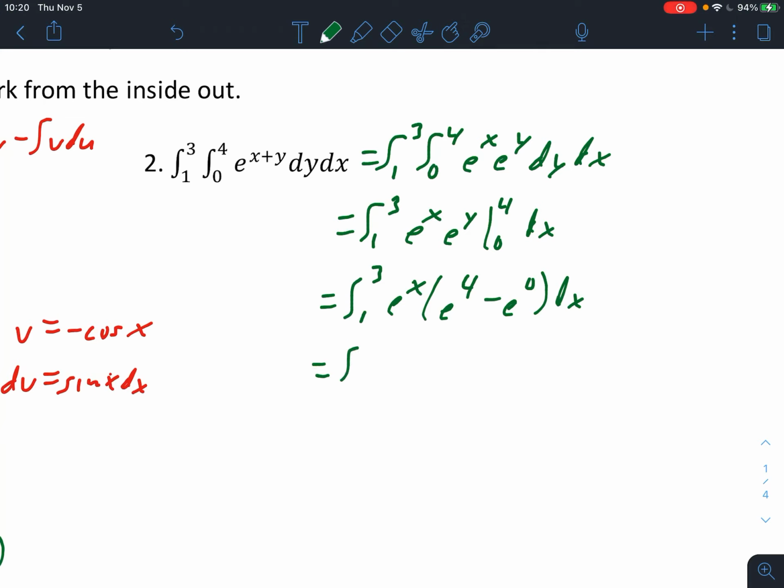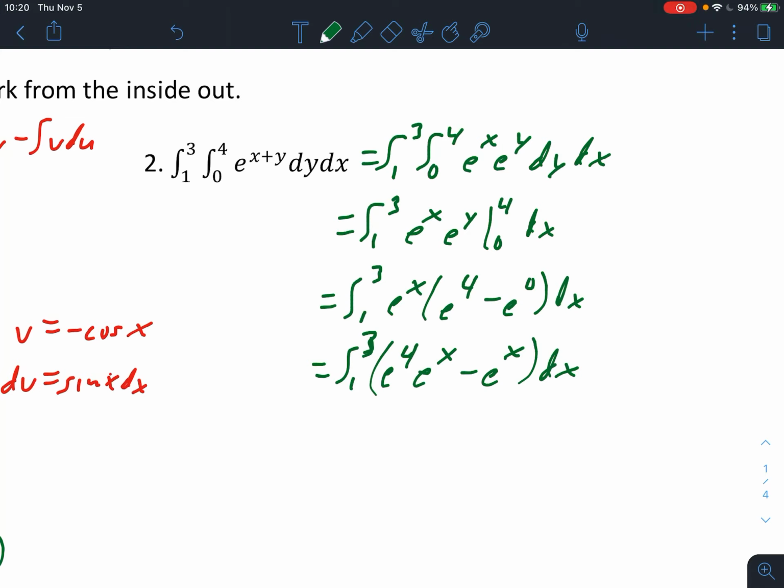Which we can simplify and distribute to e to the fourth e to the x. Remember, e to the 0 is just 1, so that'd be minus e to the x dx. And now we can integrate this with respect to x.